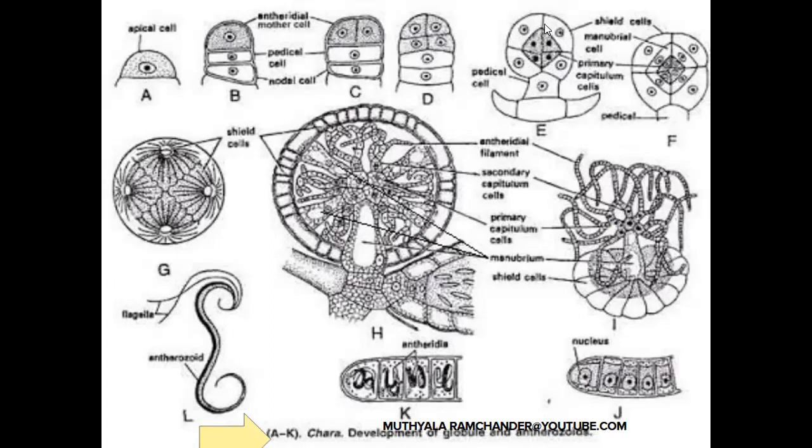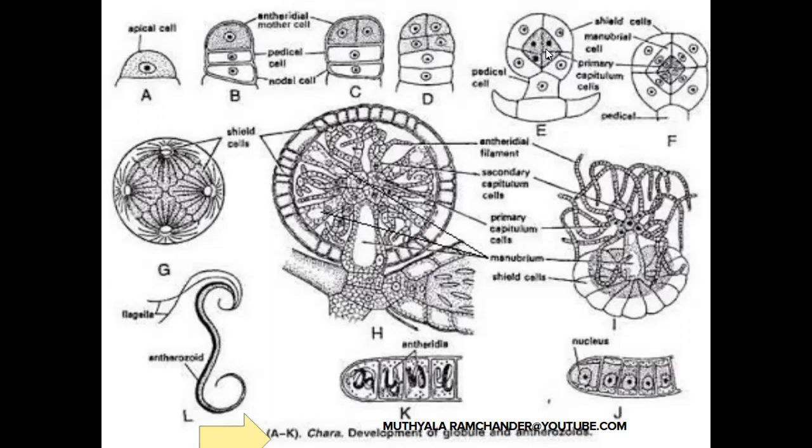See, this is the outer whorl. In the visible diagram, only 4 cells are visible, but the remaining 4 cells are present behind these 4 cells. In total, 8 cells are present at the peripheral region, and at the center region, the remaining 8 cells are present.